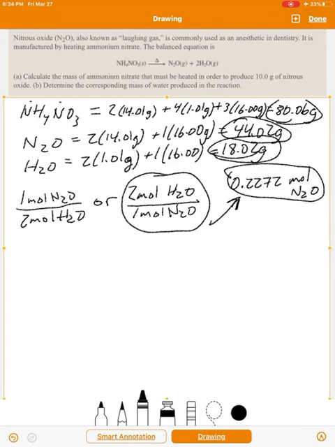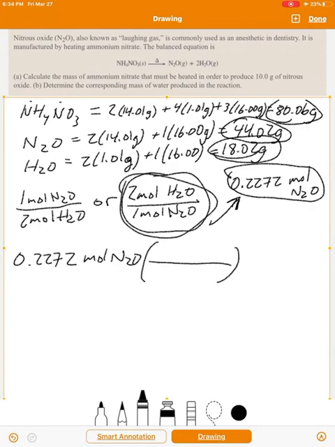Okay? So I'm going to take the 0.2272 moles of N2O. We want to know water. So we're going to pick the second ratio: 2 moles of water for every 1 mole of N2O. That's going to give us the number of moles of water.